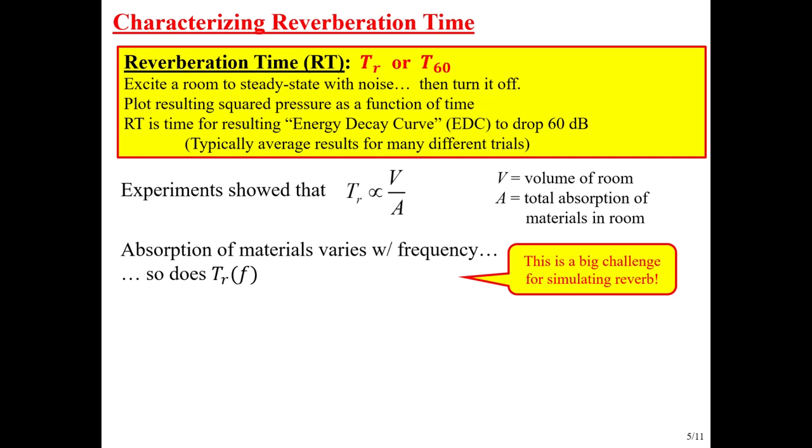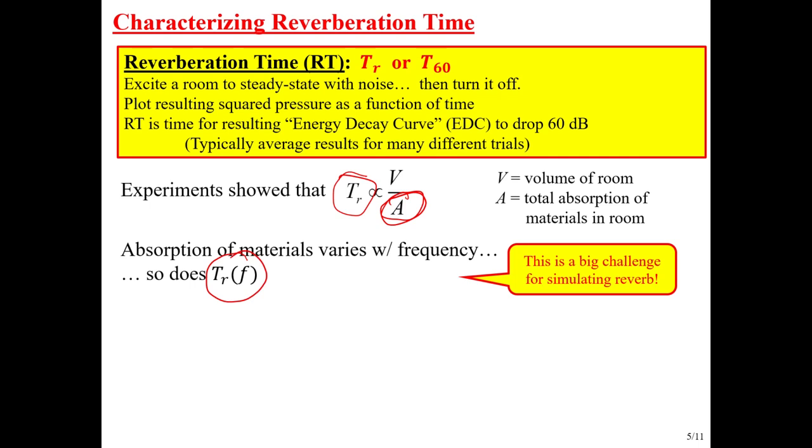Now, this absorption of the materials, it's not just frequency independent. So it can depend upon frequency. So if this thing starts depending on frequency, then this thing will also depend on frequency. So we should think about the reverb time as a function of frequency.